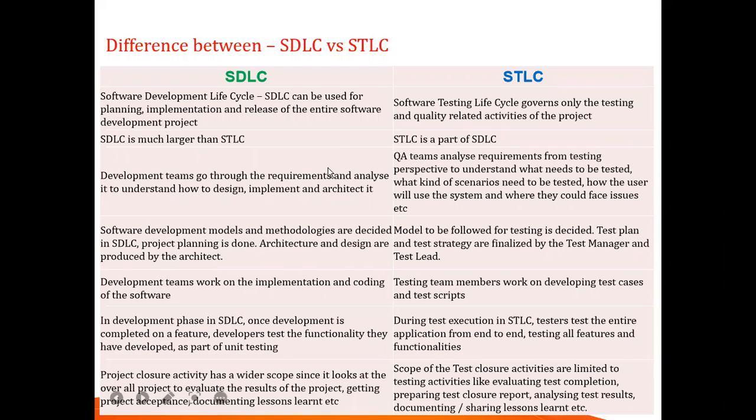So here we analyze and understand. If a developer wants to develop the product, then he has to understand everything first. The whole requirement, 100%, he has to understand. Otherwise, the product will become different and will not meet the requirement at all. So this and all will come under the SDLC.